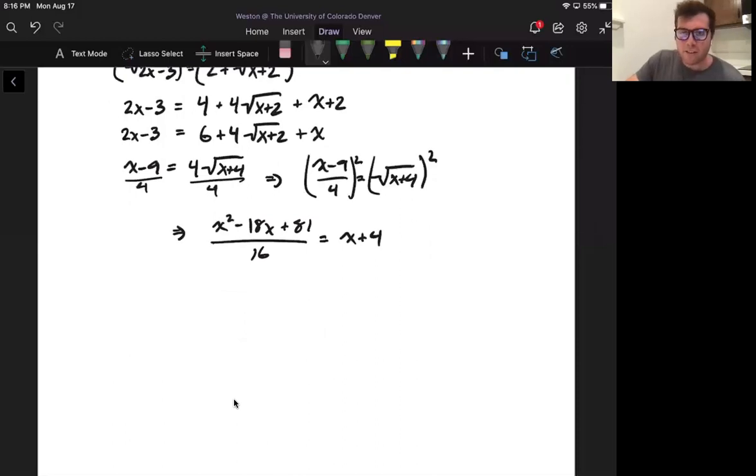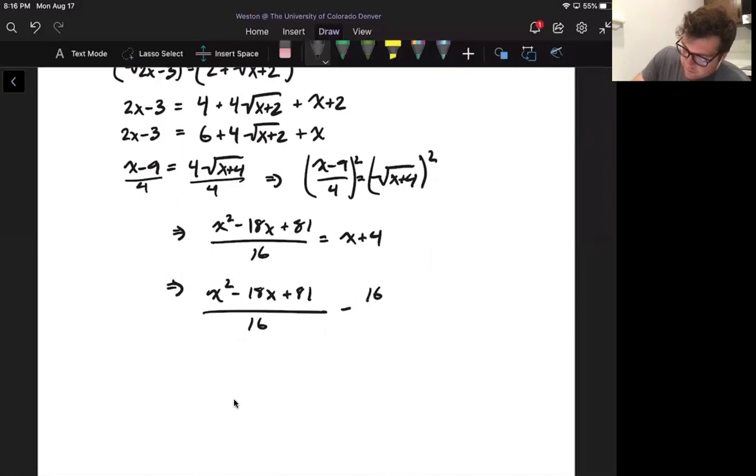So now we just subtract our x and our 2 to the other side. So that gives us x squared minus 18x plus 81 over 16 minus 16x over 16 minus 32 over 16 equals 0. Now we have this common denominator. And so we just start to simplify.